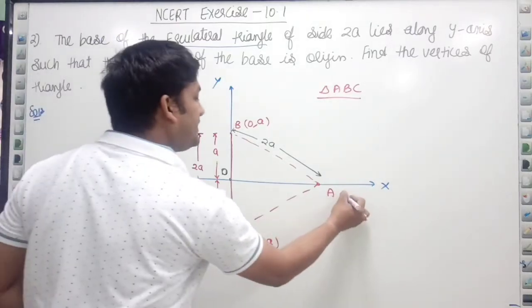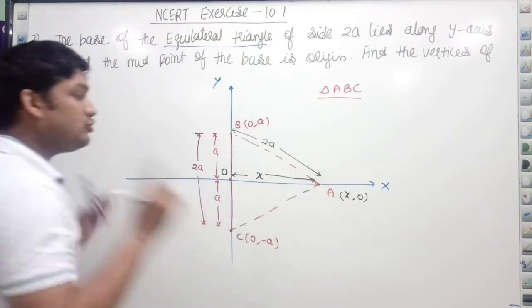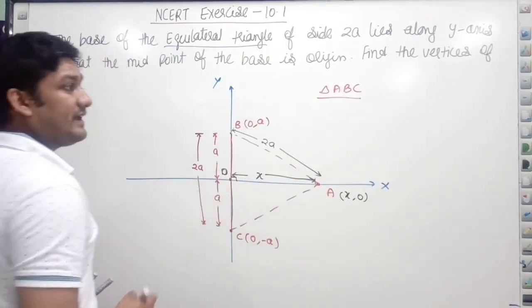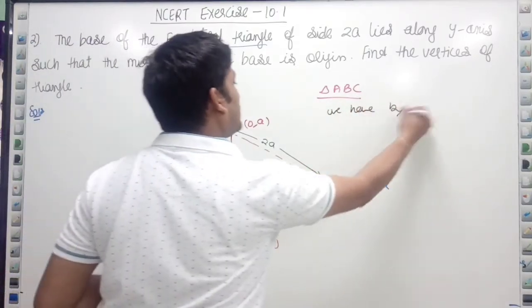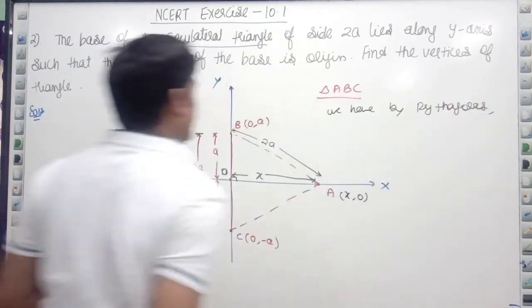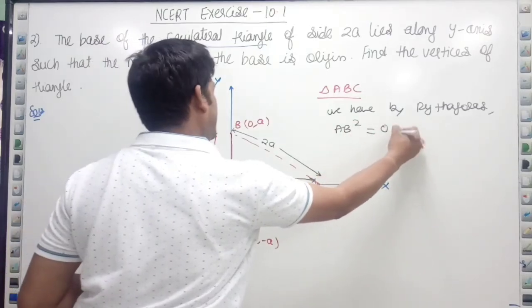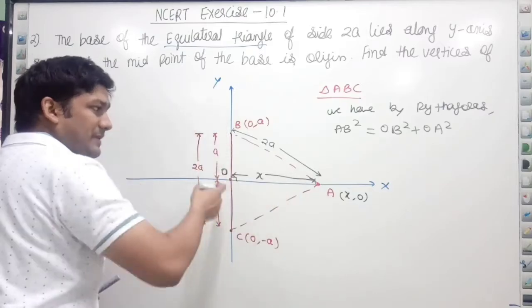Now you see, can you find x? Can you observe it is a right angle triangle, and in a right angle triangle we have by Pythagoras, hypotenuse square, means AB square is equal to OB square plus OA square.